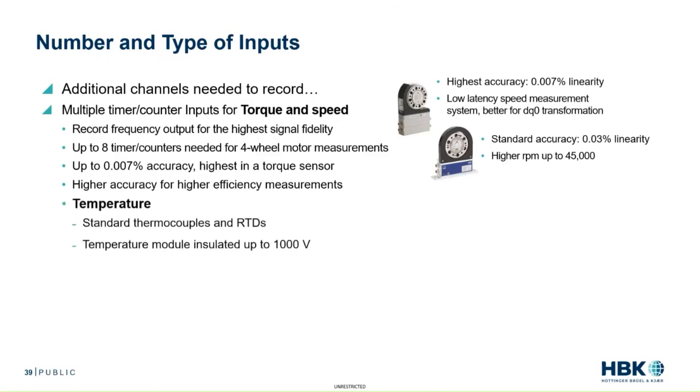Maybe you want to make temperature measurements, another common measurement for electric drivetrain testing. You may have standard thermocouples, maybe you have RTDs, maybe you need some isolation up to 1,000 volts. Those types of temperature measurements are available.